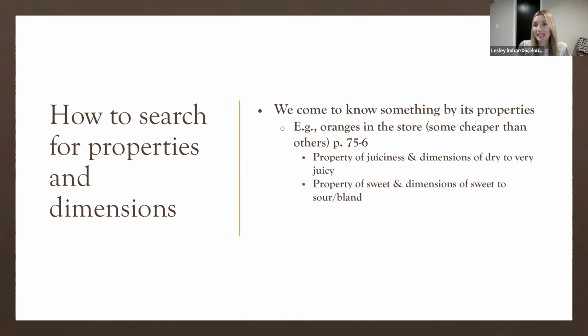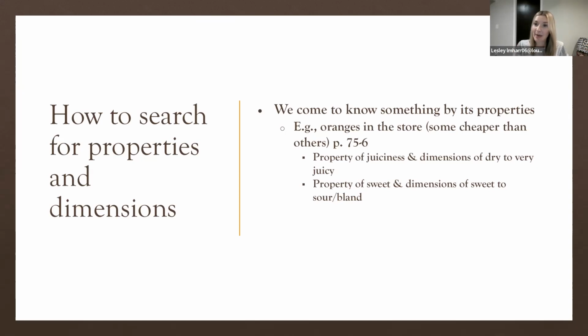So we've come up with this idea of there's a property of juiciness. So what we want to do is define what does it mean to be a juicy orange. So that could be extra liquid, that could be sweetness, that could be the amount of juice that comes from the orange. Sorry, I'm just trying to think of 3 properties of an orange.